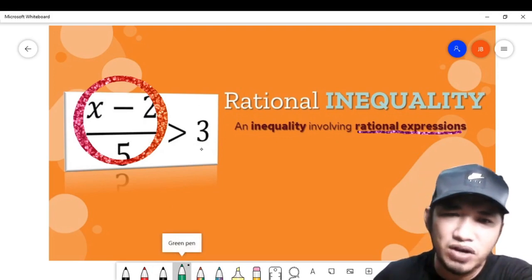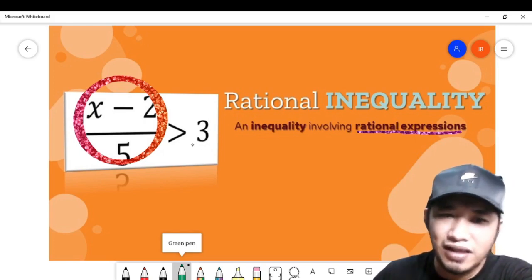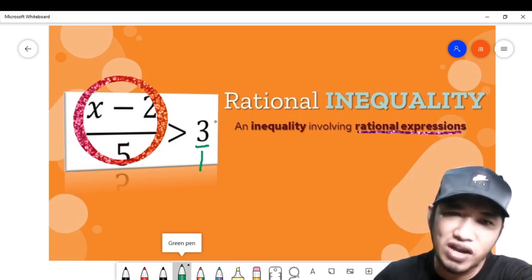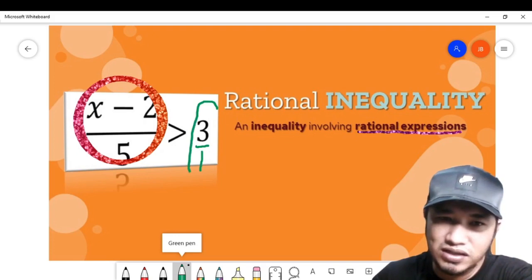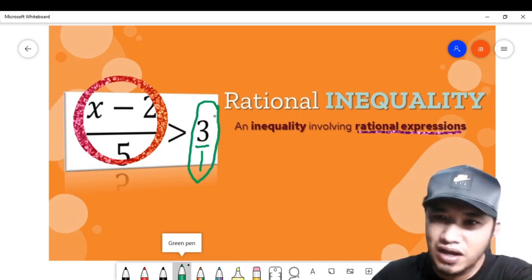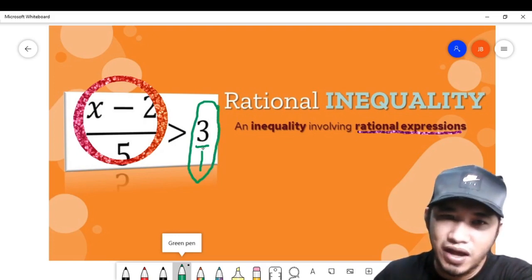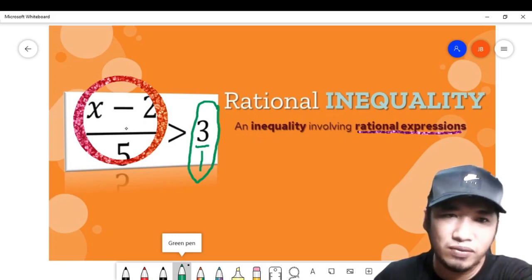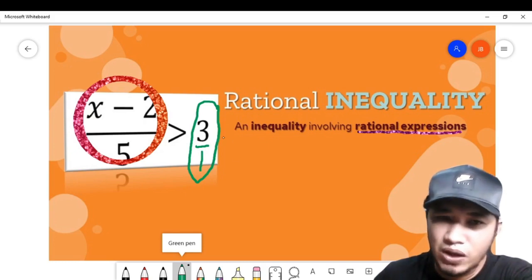Sir, whole number naman po yan. We know that all whole numbers have an imaginary denominator of 1. So it became a fraction, no? So this is also considered a rational expression. So we have two rational expressions now: x minus 2 all over 5 and 3 all over 1.